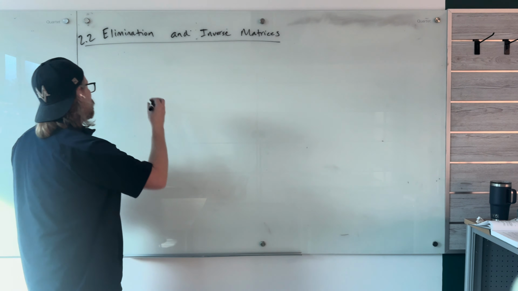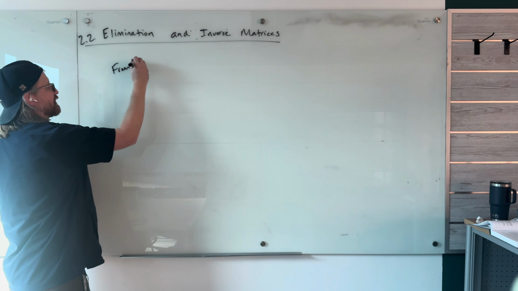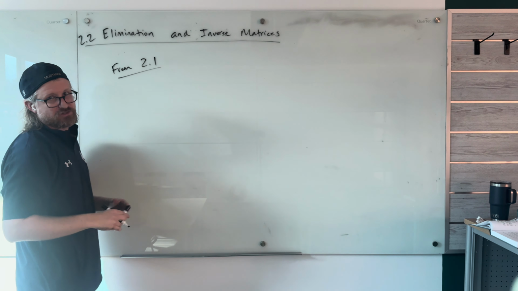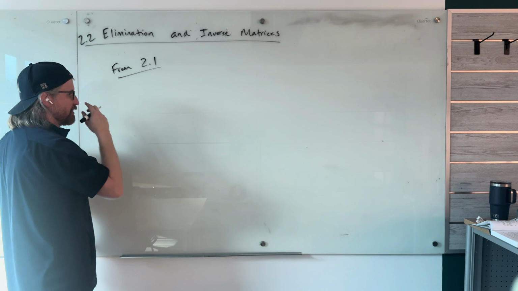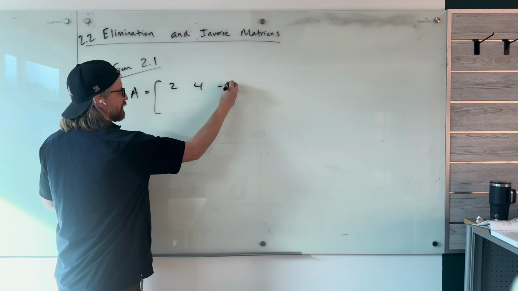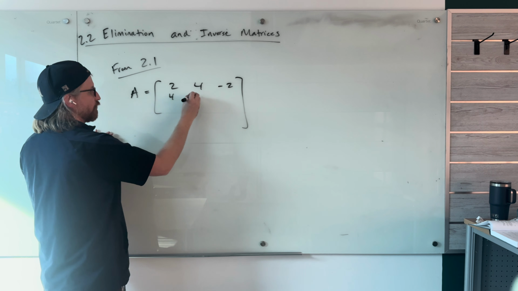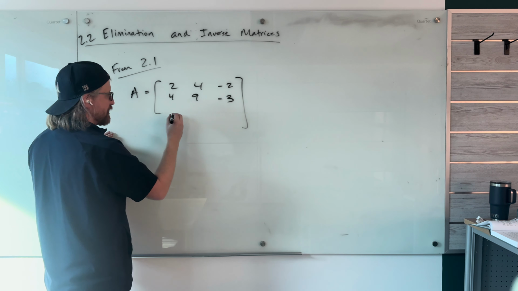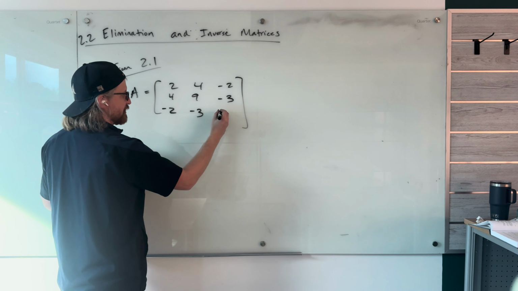So from 2.1, this example is not written out in the text, so this is extra and it's included in my notes. If I have a matrix A, and that matrix is 2, 4, negative 2, 4, 9, negative 3, and then negative 2, negative 3, and 7.